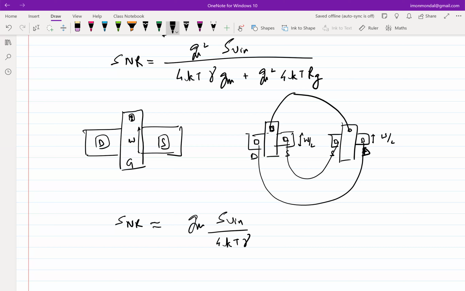So the noise power increases at a lower rate with respect to GM than the signal power. So the ratio is always in our favor. That is why if you have to make a very low noise design, you have to size it for a large GM. And when you size it for a large GM, you end up burning more power. So that is why low noise designs almost invariably burn more power.